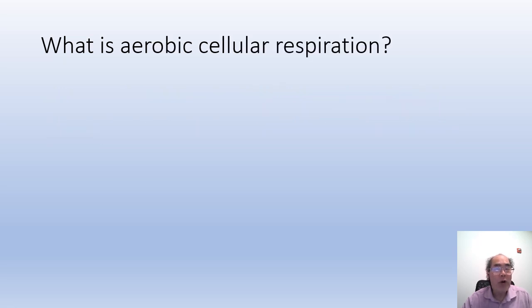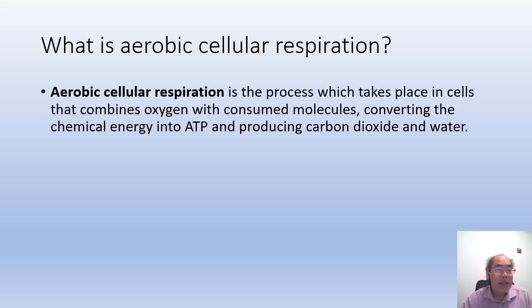What is aerobic cellular respiration? Please answer. Aerobic cellular respiration is a process which takes place in cells that combines oxygen with consumed molecules, creating ATP and producing carbon dioxide and water.